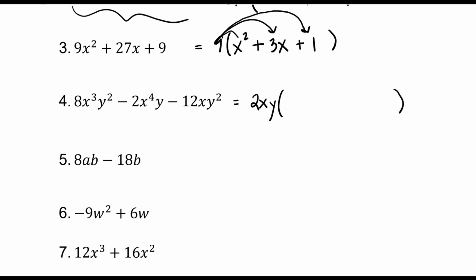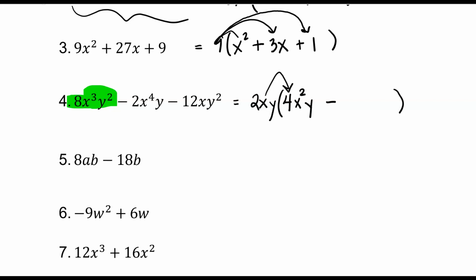Now, 2xy times what will give us this first term back, 8x cubed y squared. Well, I see that will be 4x squared y.